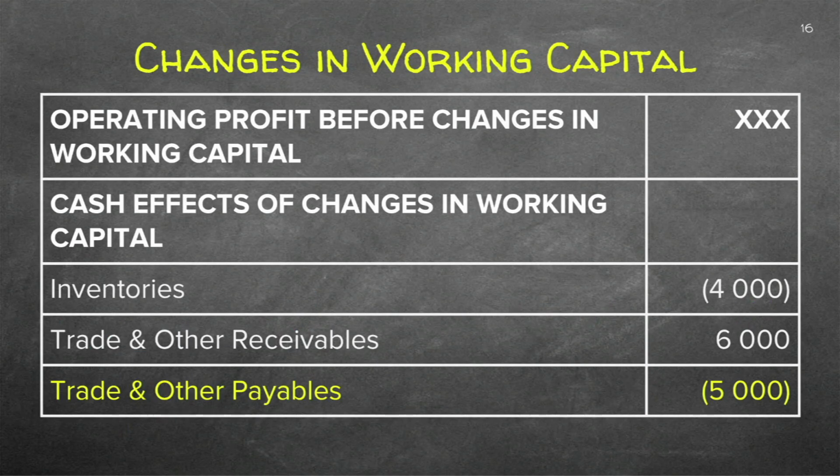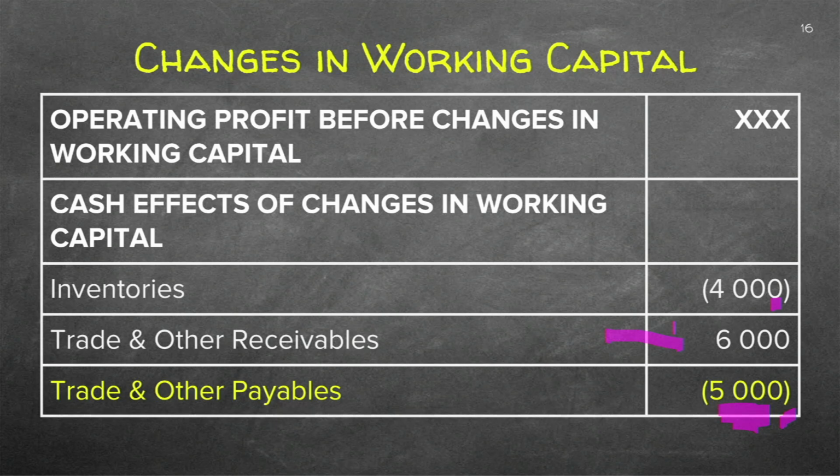Let's continue with our reconciliation note. Again, the amount for trade and other payables is in yellow, and you will see that I have it in brackets because money has flowed out of the business. So if I have a look at this, 4,000 Rand flowed out to purchase inventories, 5,000 flowed out to pay my creditors. Therefore, in total, 9,000 Rand flowed out of the business.